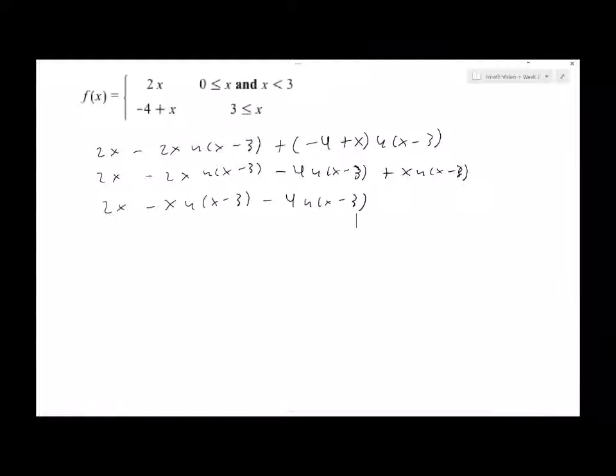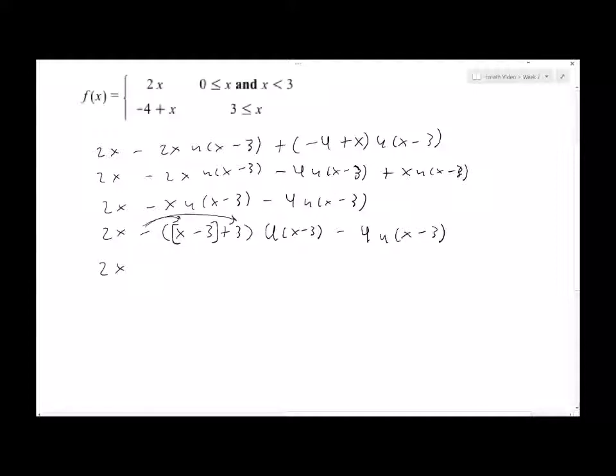Now, remember, we need this to be in the form of x minus 3. So what we'll do is x minus 3 plus 3, we're literally adding 0. And now we group these together, distribute this through.